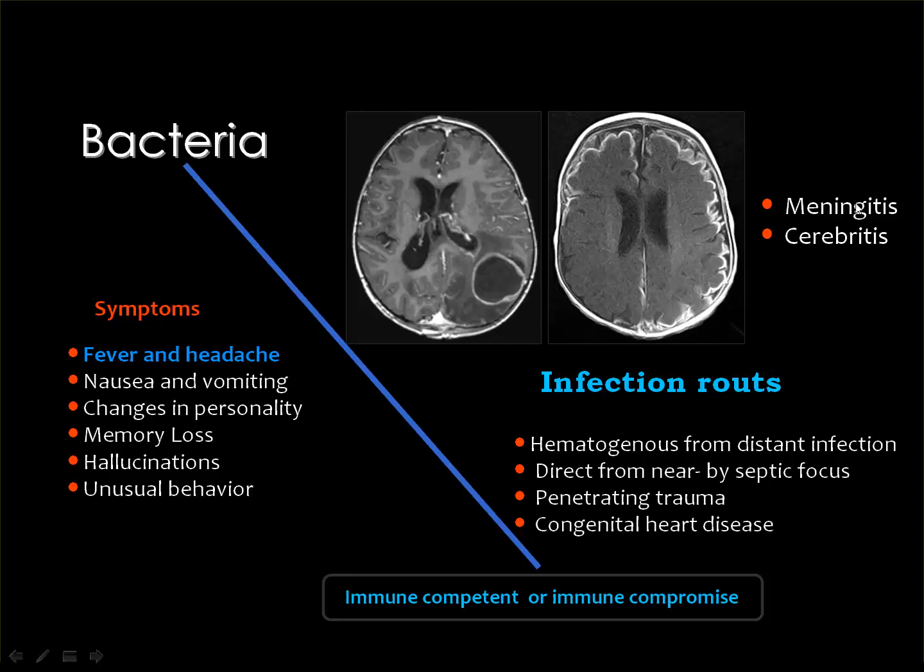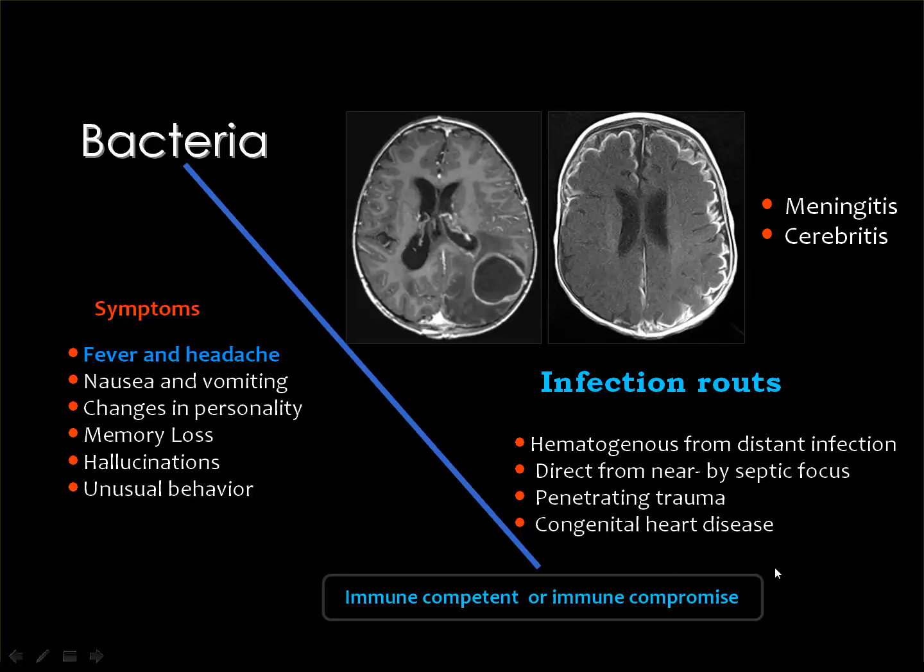Bacteria will affect the meninges, resulting in meningitis, and will affect the brain parenchyma, resulting in cerebritis and abscess formation. Remember that viral encephalitis will not proceed to abscess formation. It is the bacterial infection that will go on to form an abscess.